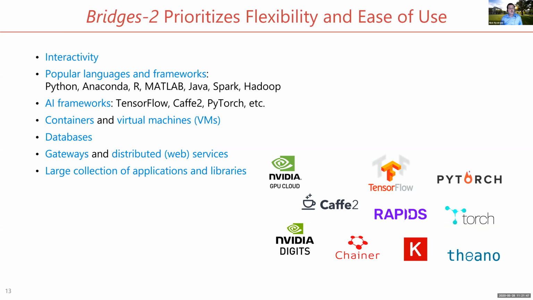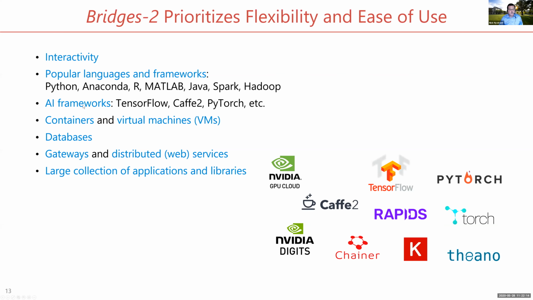It will put you on the node and you can do what you need to do without waiting for a batch system. We support all the popular languages and frameworks: Python, Anaconda, R, MATLAB, Java, Spark, Hadoop, Julia, you name it. And so certainly you can still do C++, Fortran, MPI, those are fully supported, but all of these things are being used very heavily today.